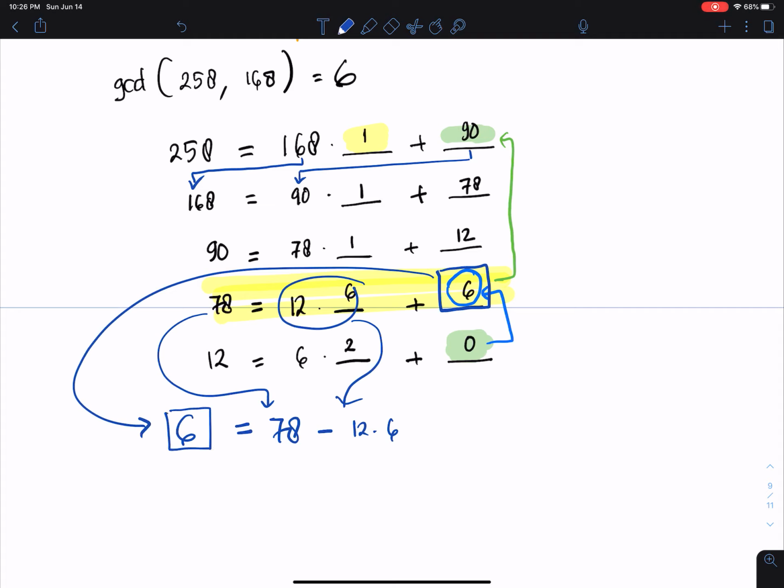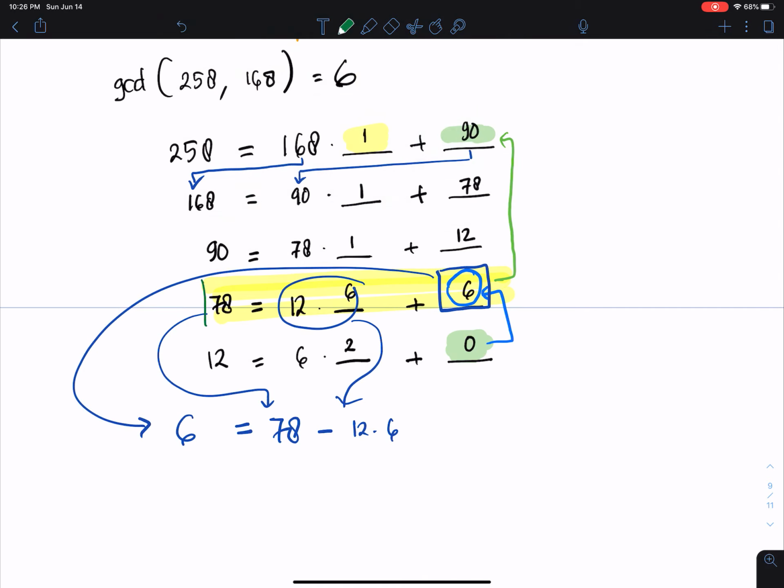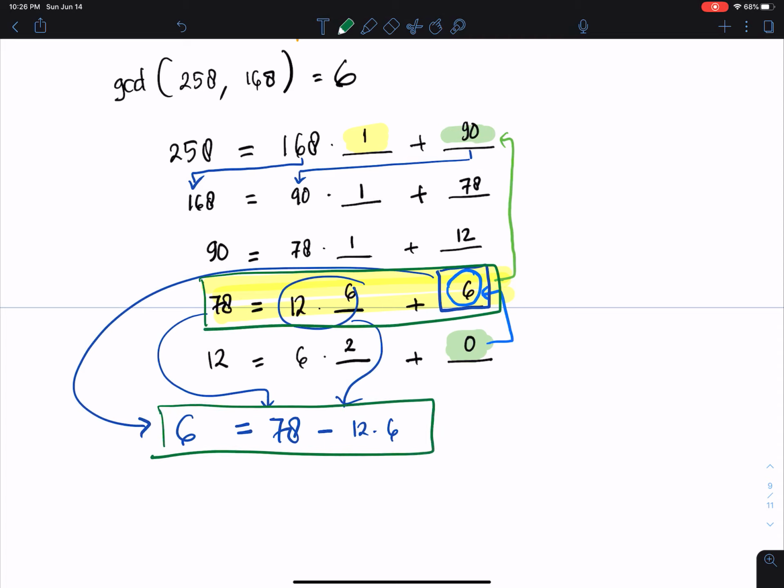So since the position changes, the sign changes from positive to minus. All right, you got that, yeah? Okay, try to get this one first to here.